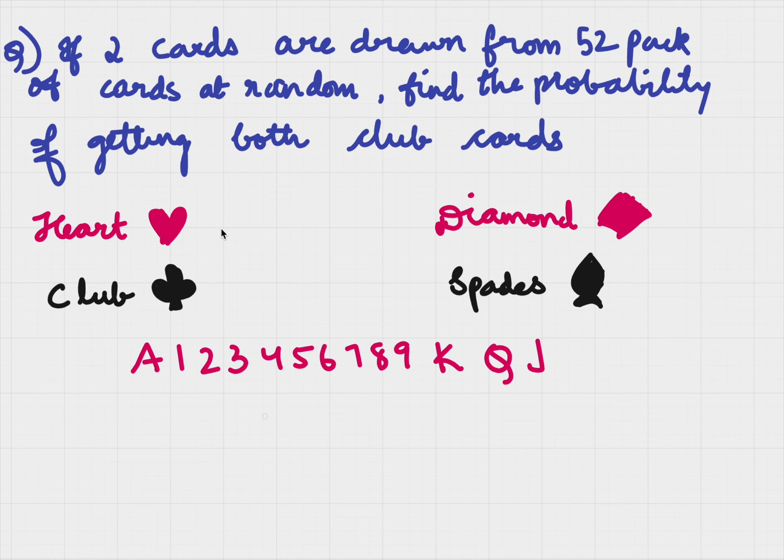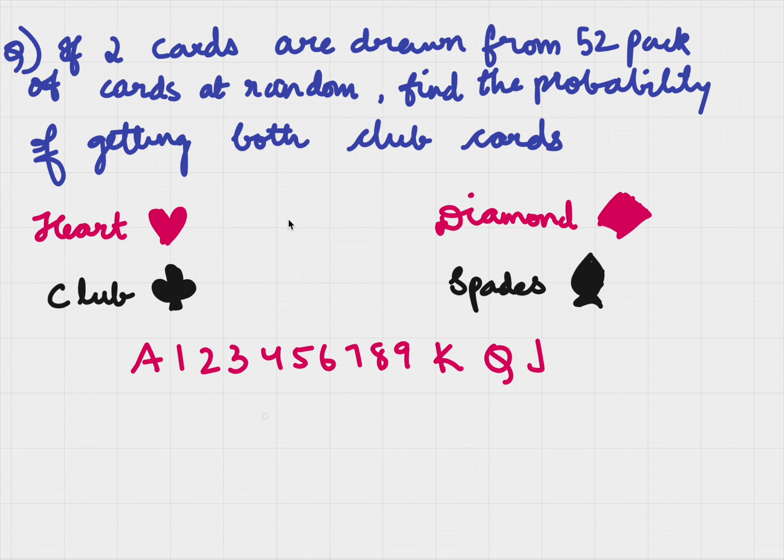Now, I don't have red color in my pen, so I had to do it with this pinkish color. But we have red and black as the colors in our deck of cards. So there are totally 52 cards.